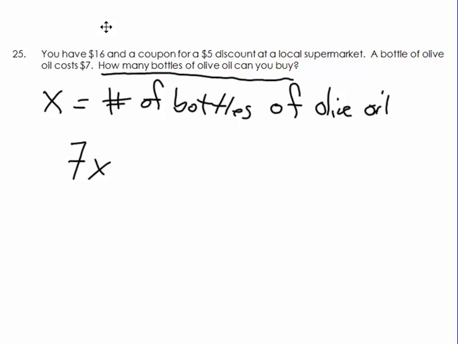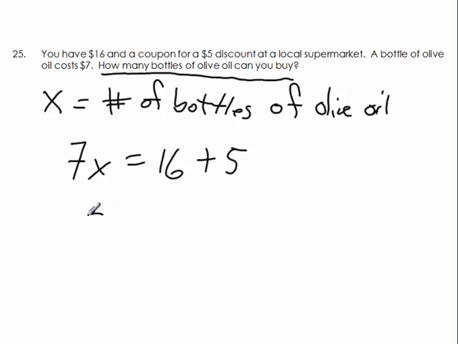And now this is where we could do something a little bit different. I know that 16 and 5 is the total amount of money that I'm going to have. So I'm going to let that be 16 plus 5. So $7 times the number of bottles will give me my total cost for the bottles of olive oil, and this is the total amount of money I have.